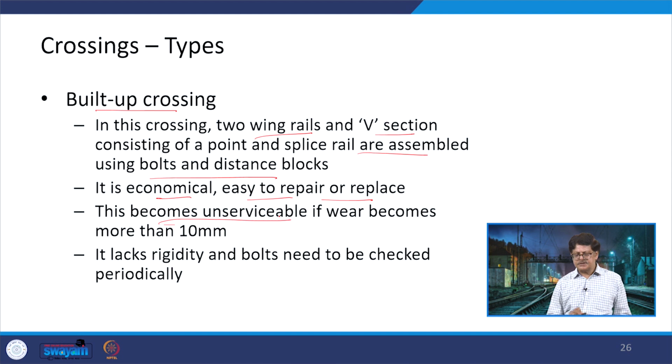It becomes unserviceable if wear becomes more than 10 mm. In that case the whole assembly has to be removed. There is a problem in terms of strength characteristics: it lacks rigidity, and the bolts need to be checked periodically. So periodic maintenance of those bolts is also going to be there in this type of crossing.